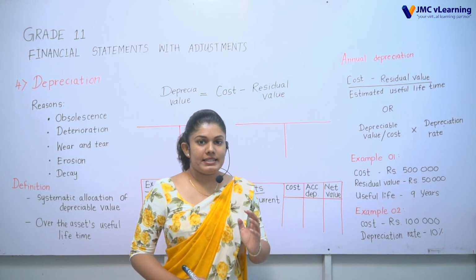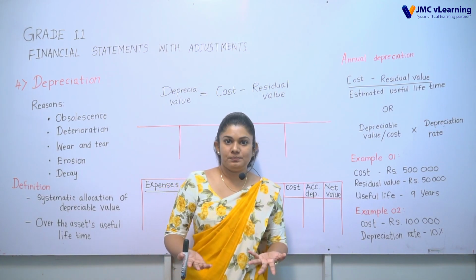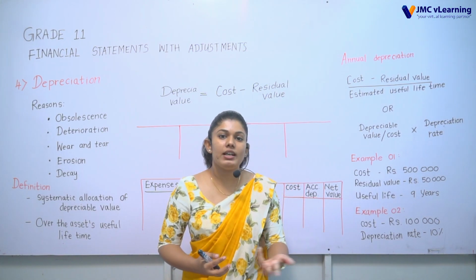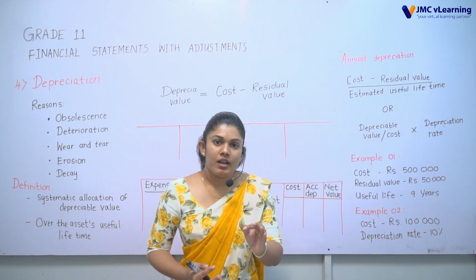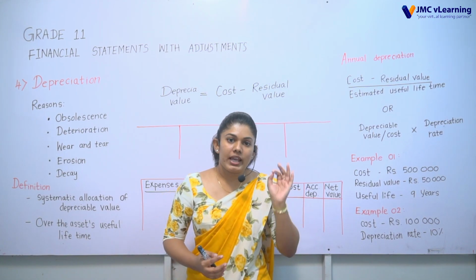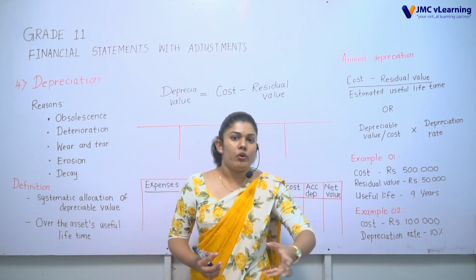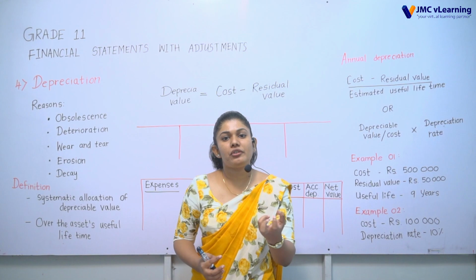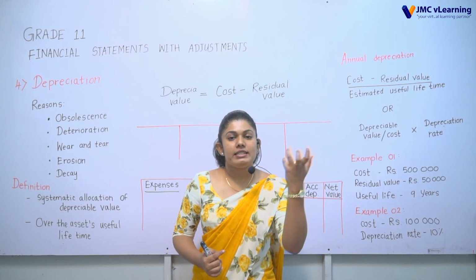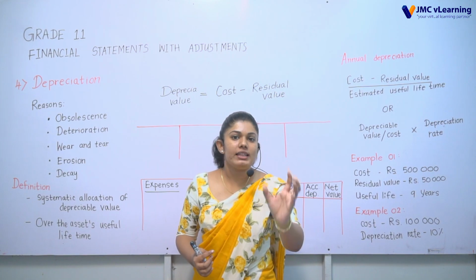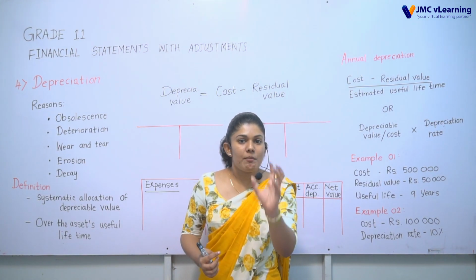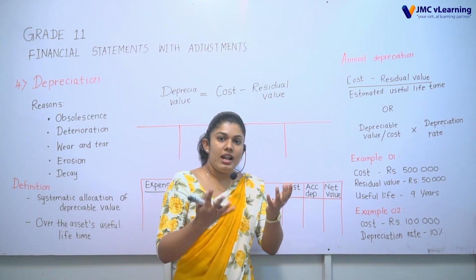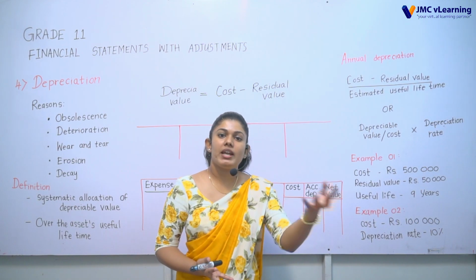Let's say we have a motor vehicle. Now it's 15 years old. It's really old, but still, other than throwing it away, we can sell it for iron or parts for some amount of money. That amount is called the residual value, the last value we can get after its usage.